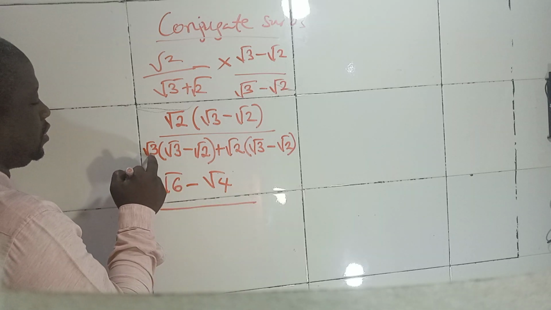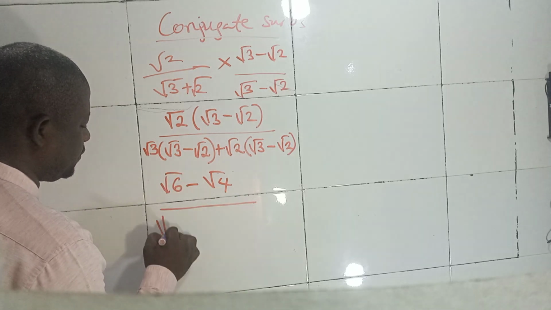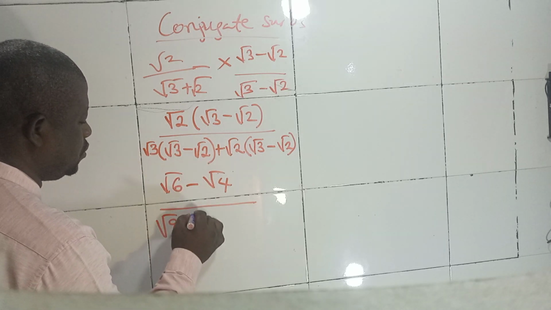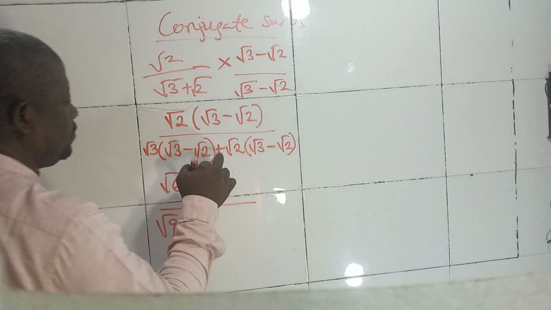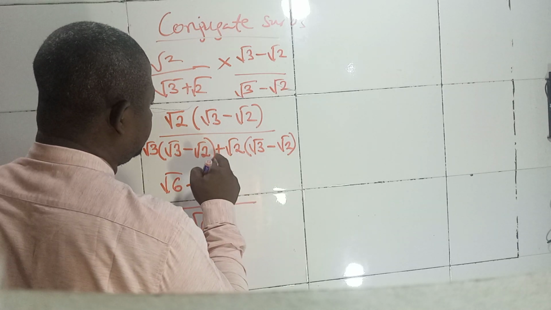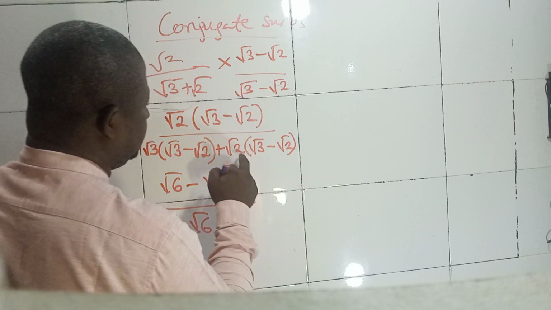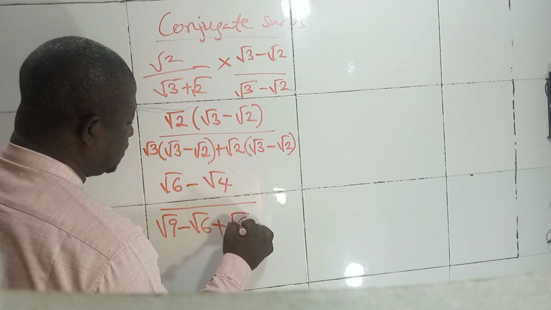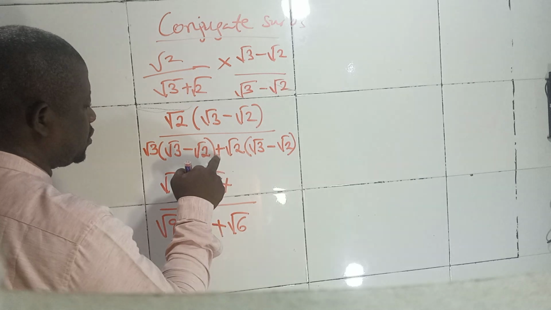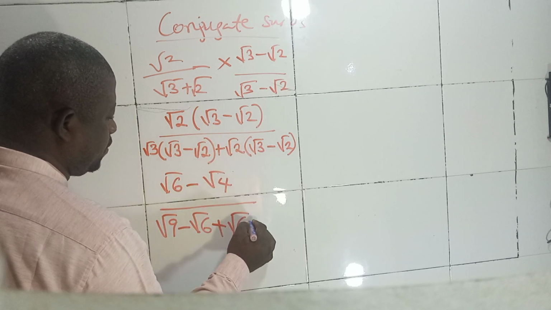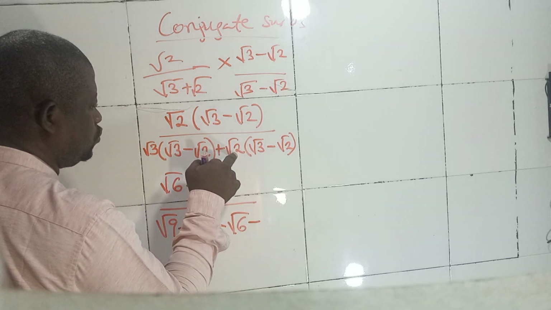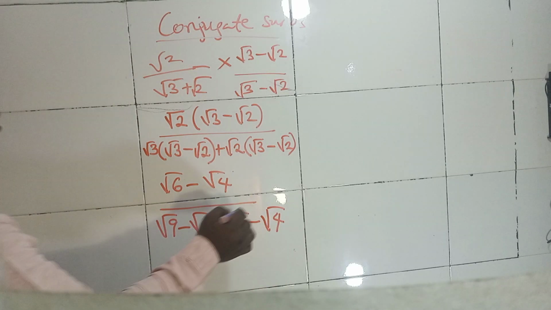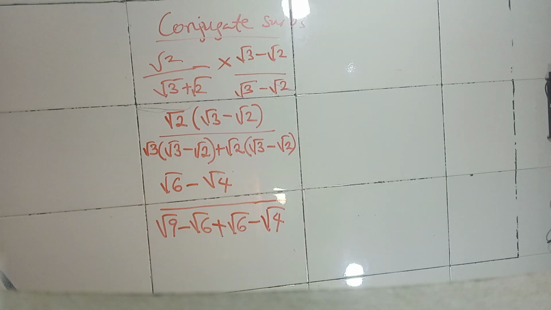Root 3 times root 3, that's root 9. Root 3 times root 2 is minus root 6. Then plus root 2 times root 3, that's plus root 6. Then you have plus times minus, root 2 times root 2, that is root 4.